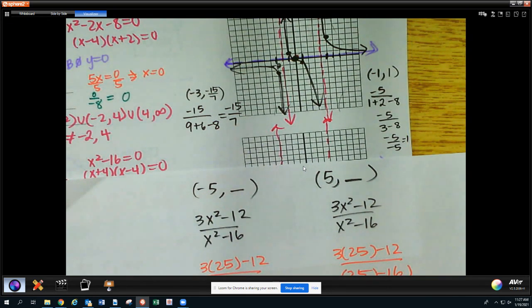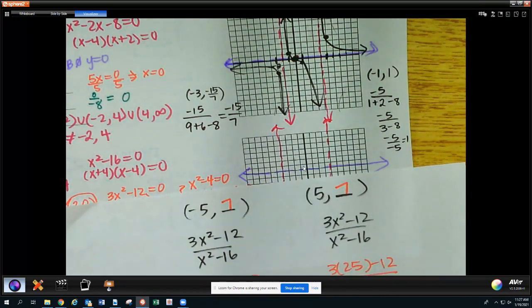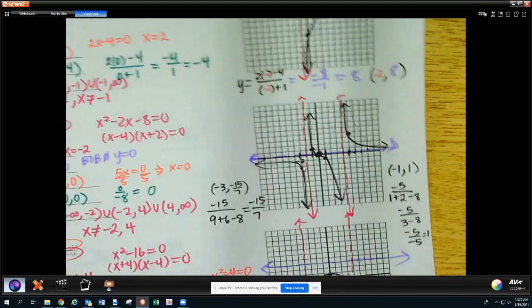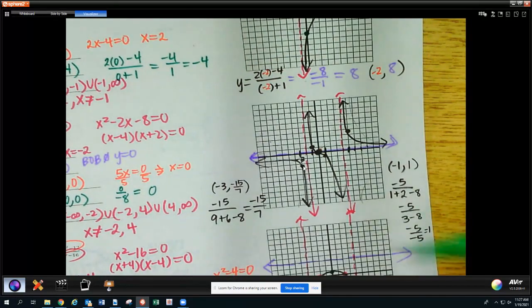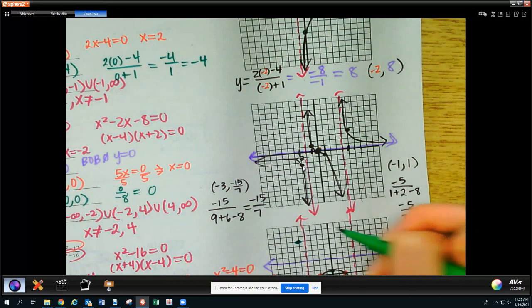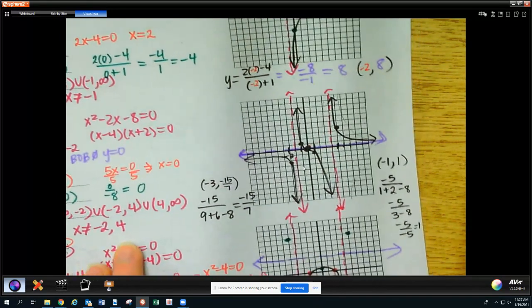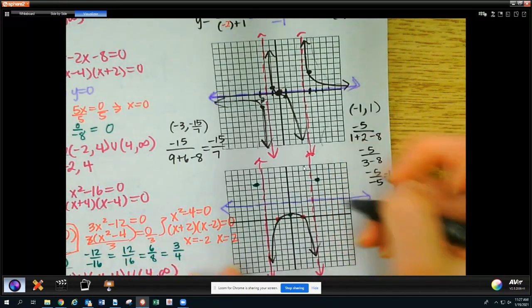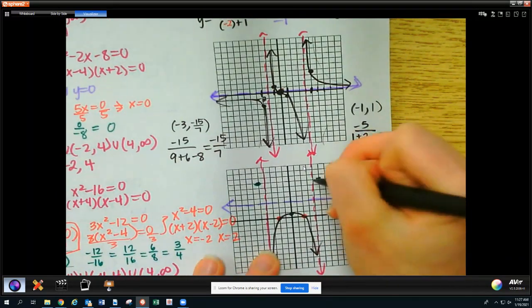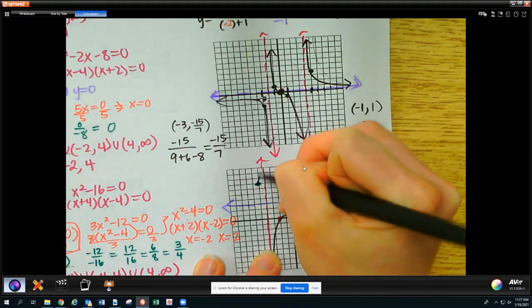So in both cases, we get 7 as our y value. So -5, 7, +5, 7. And so I know this graph looks like this.